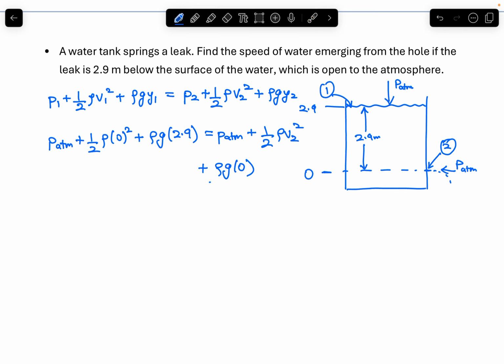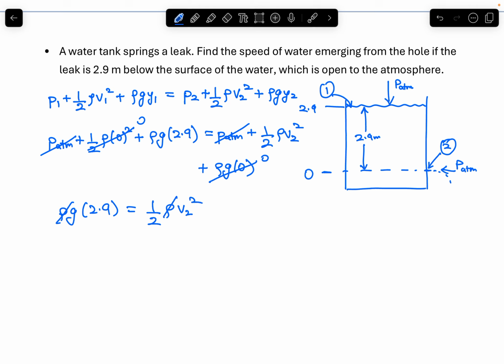So that gets cancelled because it's multiplied by 0. P atmosphere is the same on both sides, so those get cancelled too. So in the end, what we are left with is rho g 2.9 is equal to half rho V2 squared.